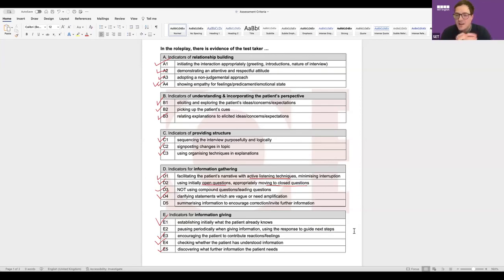That's what chunking is. So these things are all connected, and we shouldn't see them as separate entities, but rather as connected skills that we're showing the examiner, and they combine really well together.